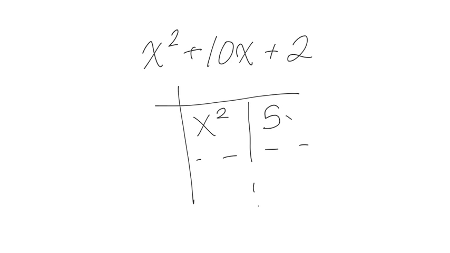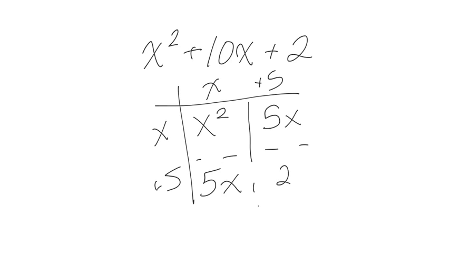So we have 5x here, 5x here. And again, you only do this when you're trying to complete the square. So it's a specialized application of factoring in a way. We factor this, so we have x plus 5, x plus 5.